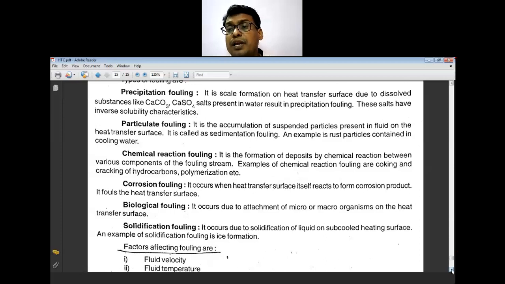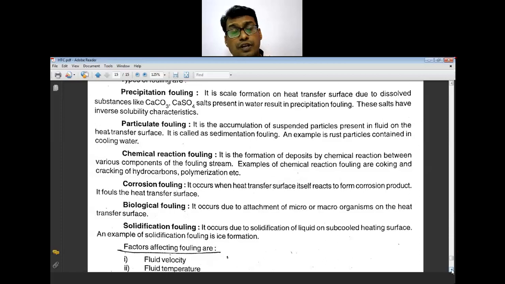Then chemical reaction fouling. It involves some chemical reaction between various components, that is your metal wall and some chemicals from the fluid which is passing through, that forms certain layers. Examples of chemical reaction fouling are the coking and cracking of hydrocarbons, and in polymerization industries also, coking is observed.